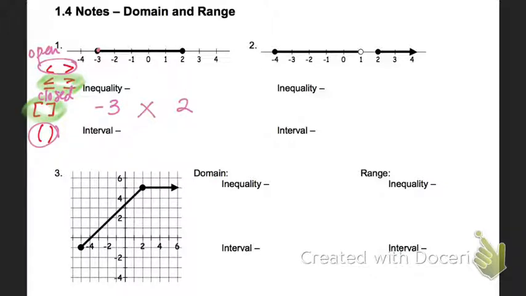So -3 is less than or equal to x, less than or equal to 2. For interval notation, I'm going to take my two endpoints and write it like an ordered pair, so from -3 to 2, and since they're both closed circles, I'm going to put brackets around them.